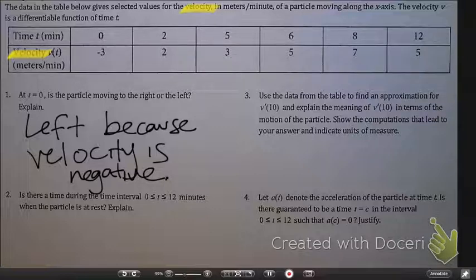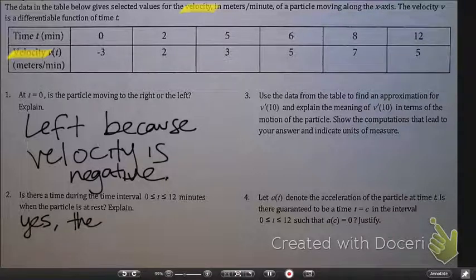Number 2, is there a time during the interval from 0 to 12 minutes when the particle is at rest? And explain. I want you to talk about this with the people at your table before you tell me. So take a minute and talk about this question with the people at your table group. It says, is there a time during the interval where the particle is at rest? I want you guys to write yes.